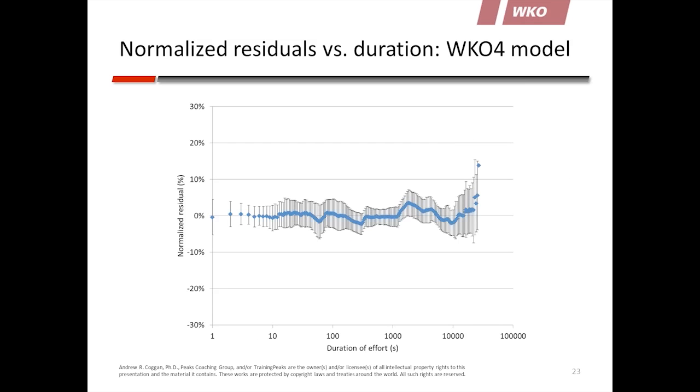Whereas, as I showed you previously, the normalized residuals plotted against duration for the WKO4 model show no such bias. They overlap 0 across the entire range of durations. What is that, 5 orders of magnitude of durations? And they are very tight, less than 5% pretty much across the board.